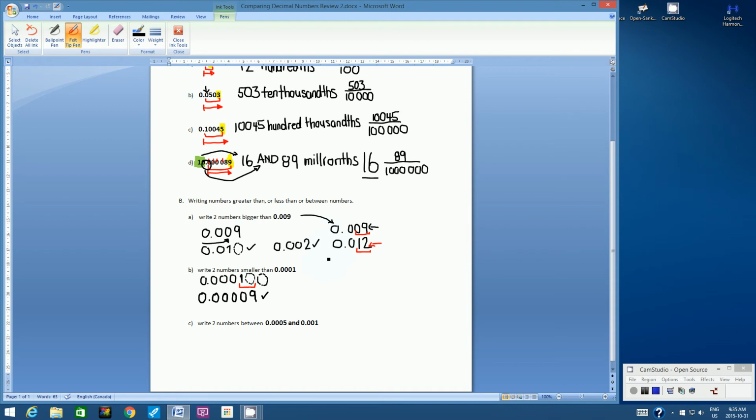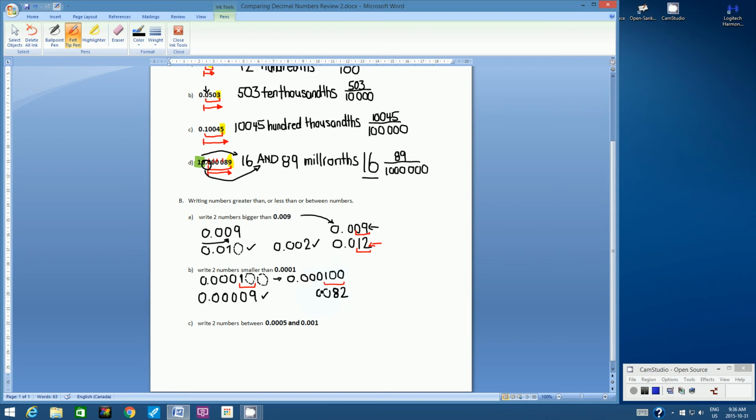So now, let me just rewrite this over here. 0.0000100. Now, if I focus on the last three digits here, I want to think of a number less than 100. Okay, well, a number less than 100, how about 0.82? 82 is less than 100, and I just have to fill this place value.